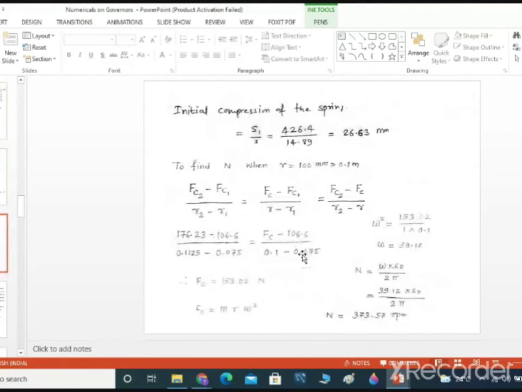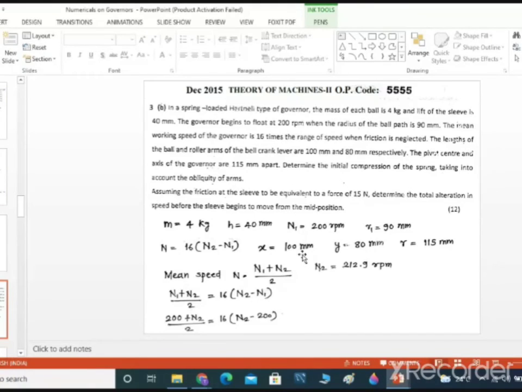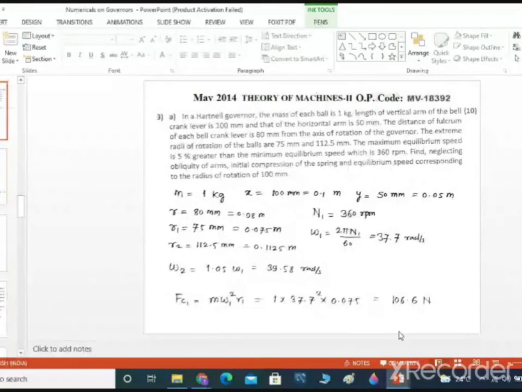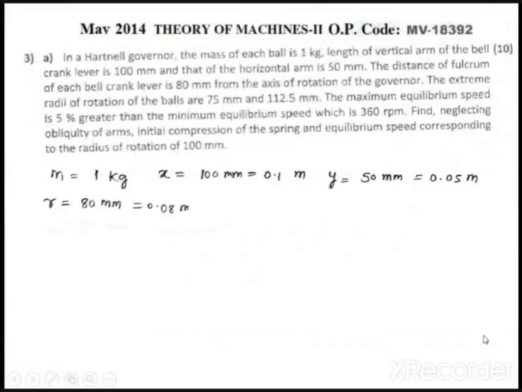Okay, this is an easy problem. I think I have solved it. I was supposed to solve this problem. That is okay, no problem.